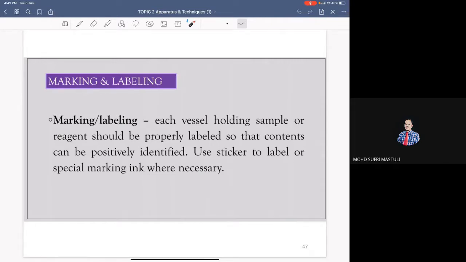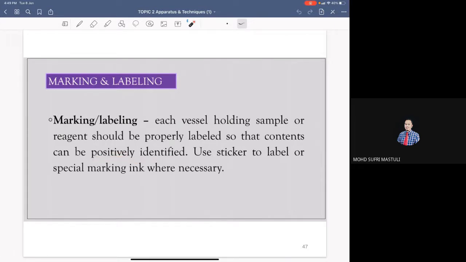On top of calibrating the volumetric flask, we also should know how to mark and label each volumetric glassware. Each vessel holding a sample or reagent should be properly labeled, so the content can be positively identified.